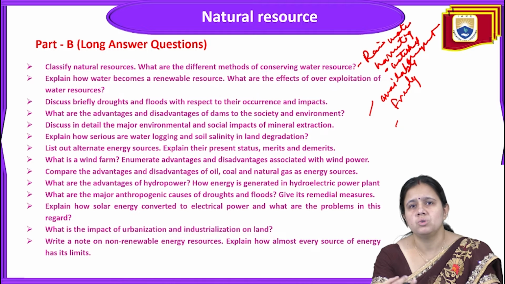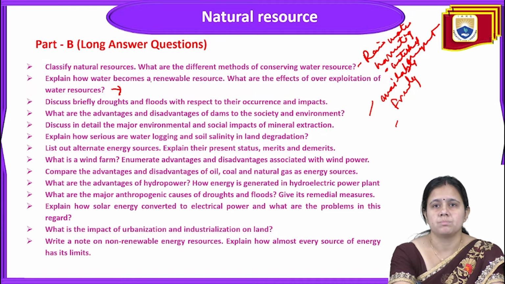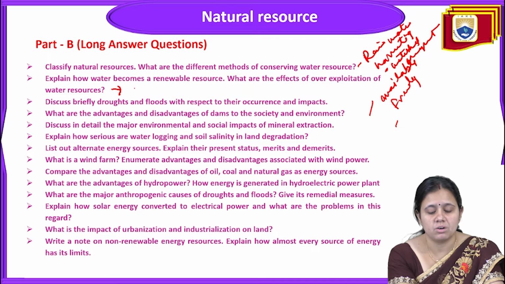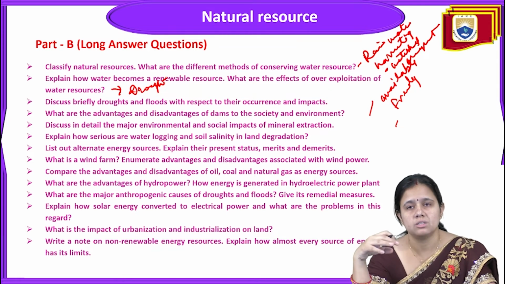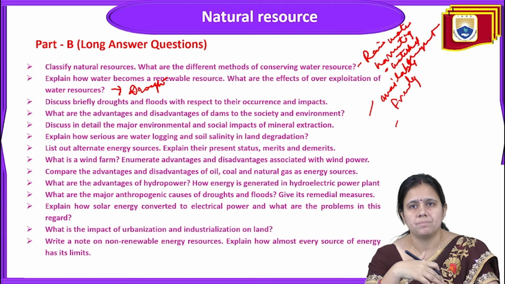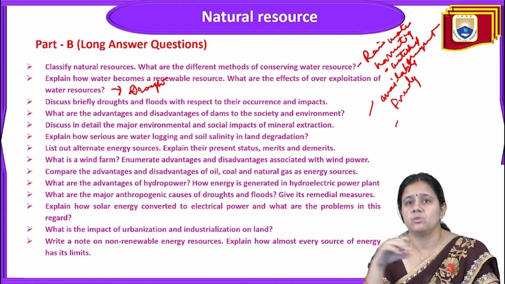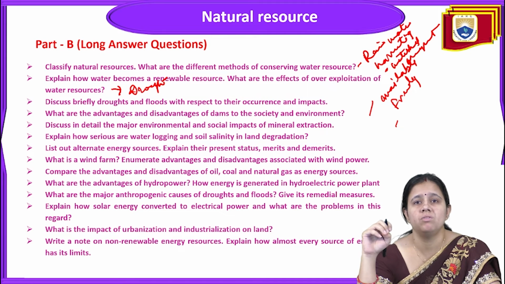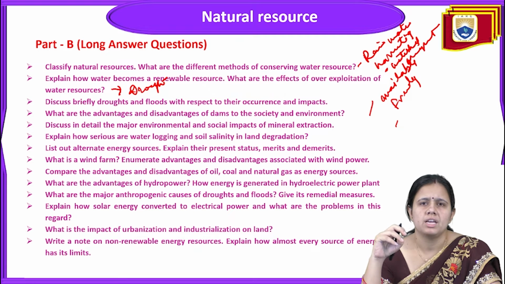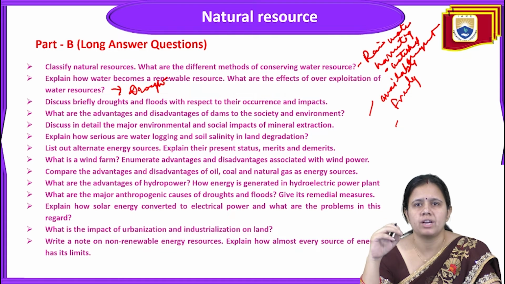And due to over exploitation of water resources, the first effect is drought, because in many areas groundwater is not present. In Karnataka, you can see in the news that Karnataka doesn't have groundwater. People over exploit water resources for irrigation, for their household activity, for any activity. So this condition will occur in that kind of area, and that is called drought.